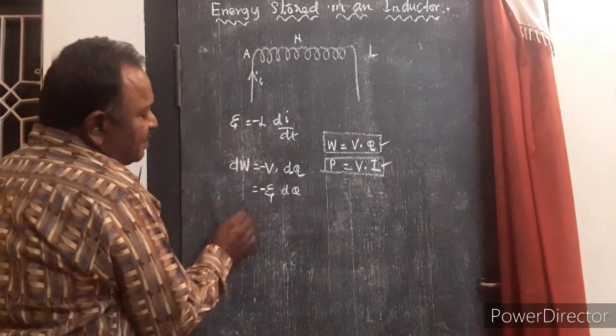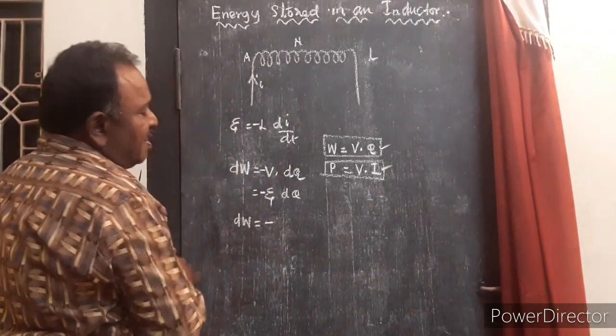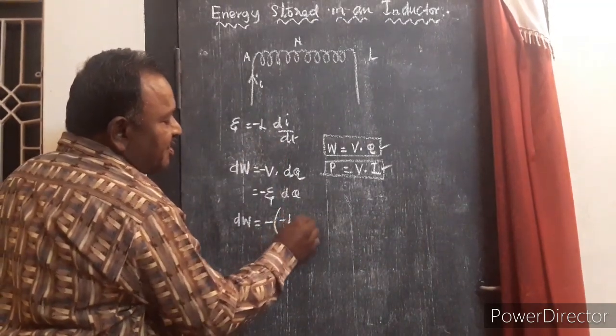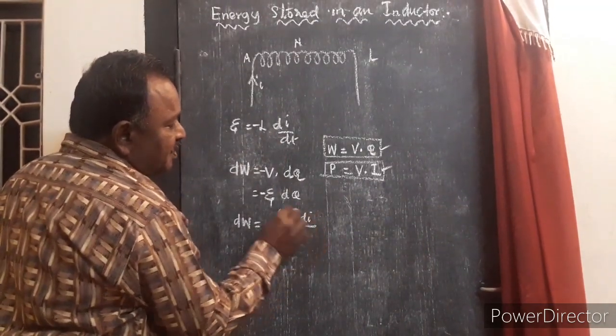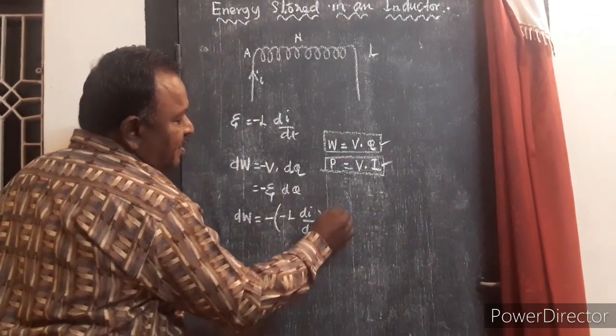Substituting these values, dW is equal to minus epsilon into dq, that is minus of minus L di by dt into dq.